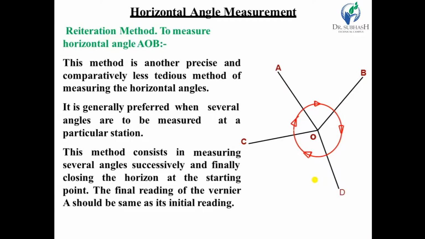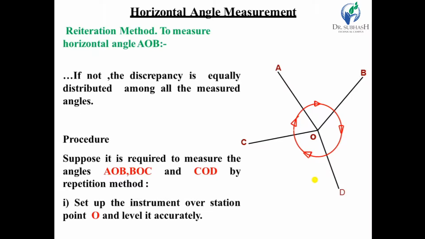This method consists of measuring several angles successively and finally closing the horizon at the starting point. The final reading of vernier A should be the same as its initial reading. If the initial reading and final reading are not the same, the discrepancy is equally distributed among all measured angles.